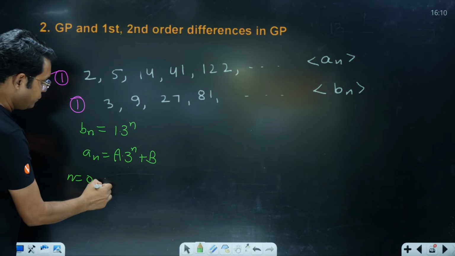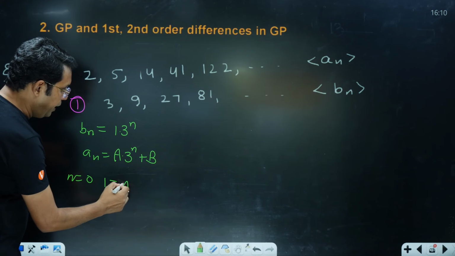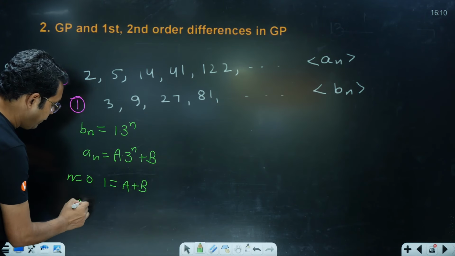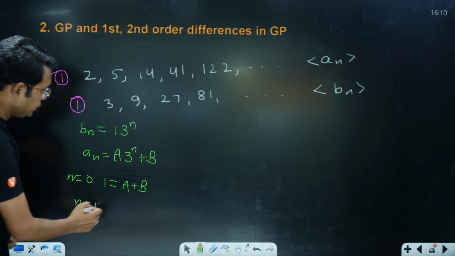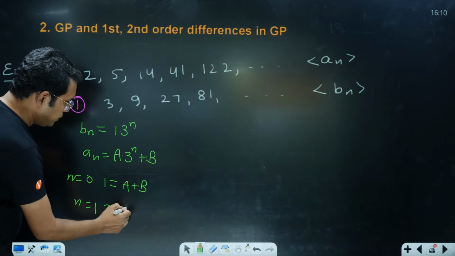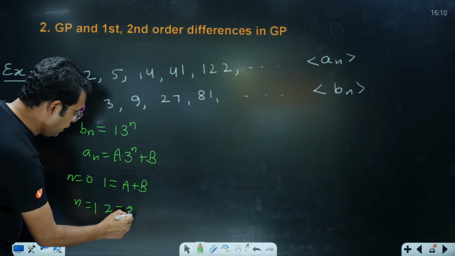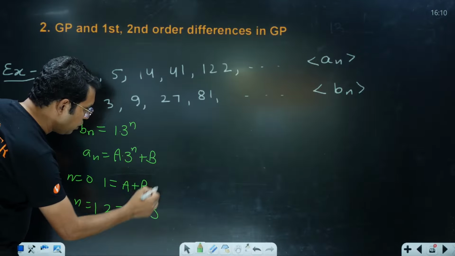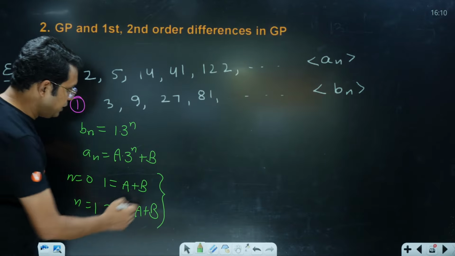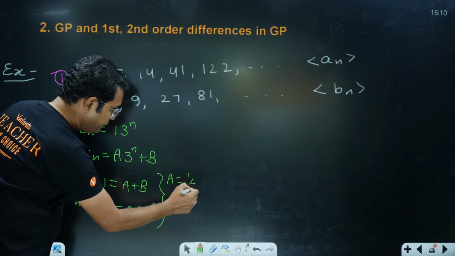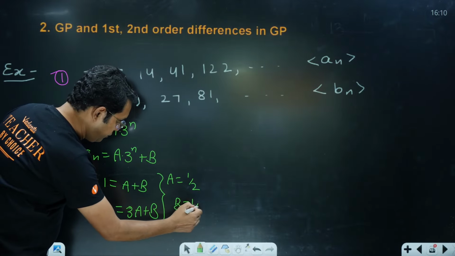So my zeroth term is 1, that is equal to A plus B. And if I put n is equal to 1, I should get 2, that will be 3A plus B. Solve these, you take the difference. I think A will be half and B will also be half.